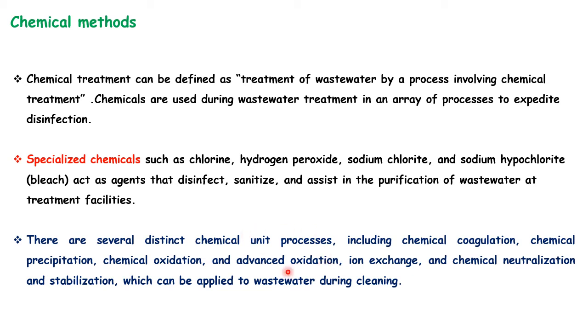After this treatment, that water will either be released into the aquatic environment, or it will be used again for home purposes, such as bathing water, or even for drinking water. It depends upon the quality of the water.